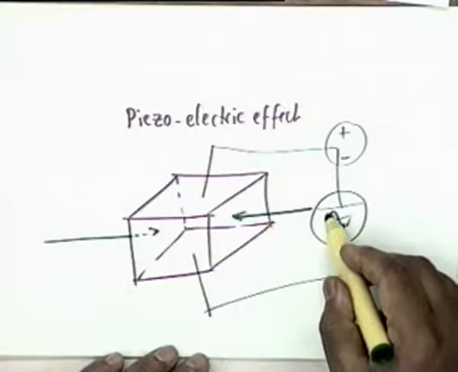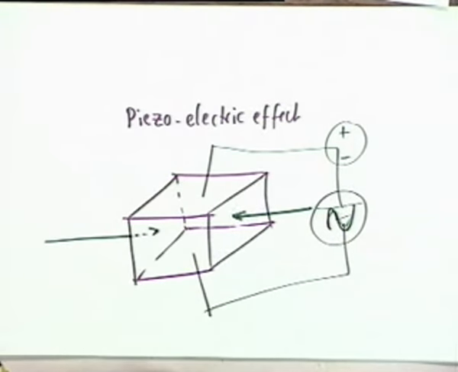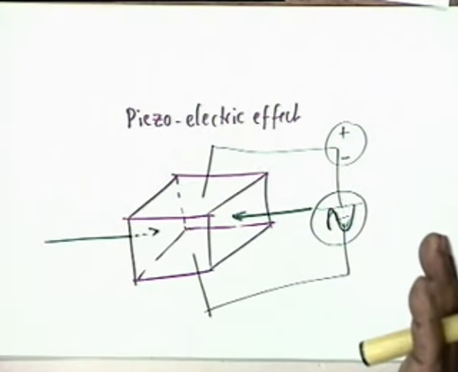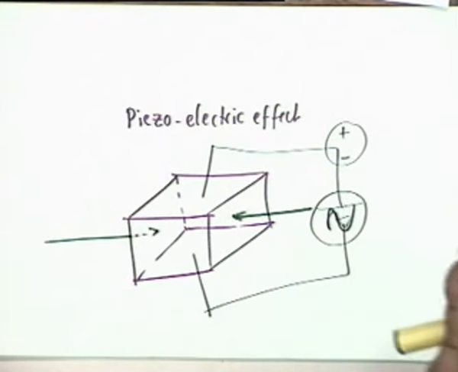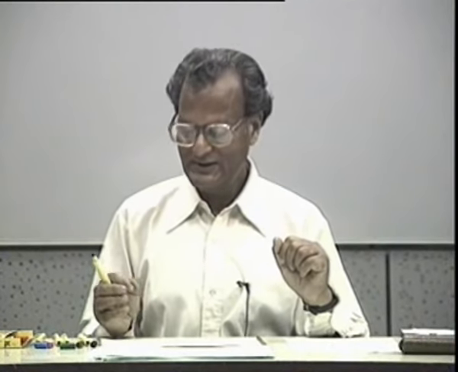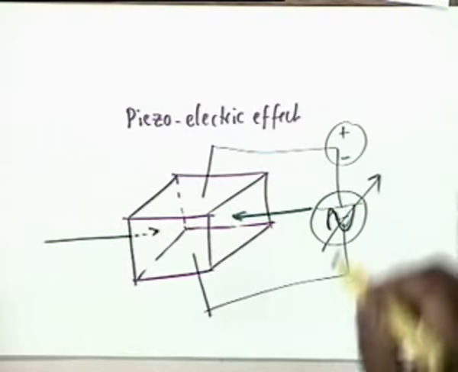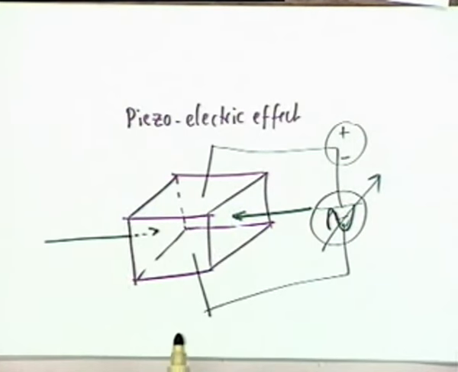Now the basic phenomenon is this: if this is an AC, then the crystal expands and contracts alternately in consonance with the AC. If the frequency of this AC is varied, then obviously the mechanical vibrations will resonate at a particular frequency.